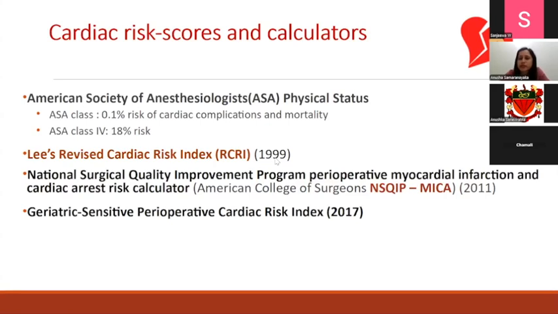So what is the importance of risk calculators? If a patient with a cardiac condition or cardiac impairment is coming for a surgery, during the decision making, during the consenting process, we tell the patient you are having very high risk of developing complications, or moderate risk, or low risk.